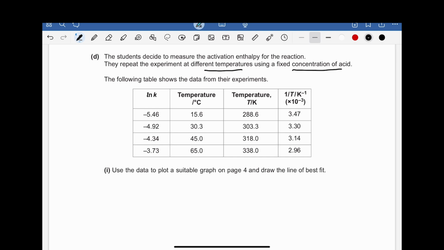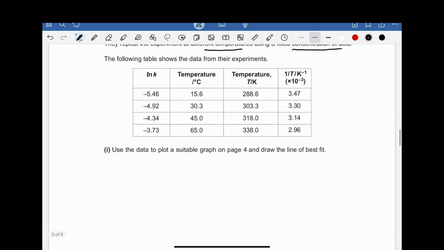So we have ln k, which is the rate constant, temperature in degrees Celsius, which is converted into Kelvin by adding 273, and then 1 over T, the inverse of temperature in Kelvin. Use the data to plot a suitable graph on page 4. Draw the line of best fit. So we need to have ln k on the y-axis and 1 over T on the x-axis.